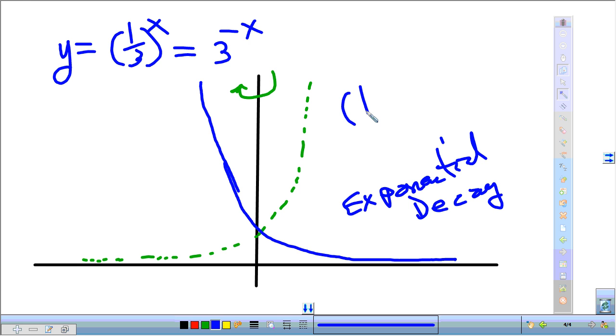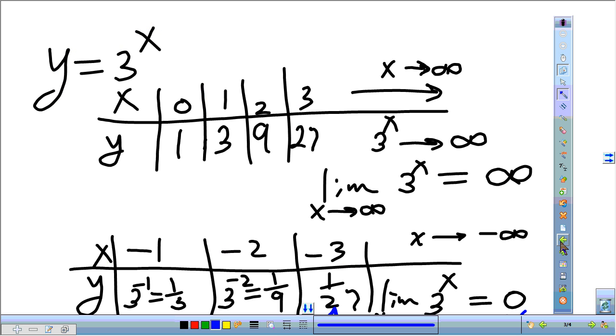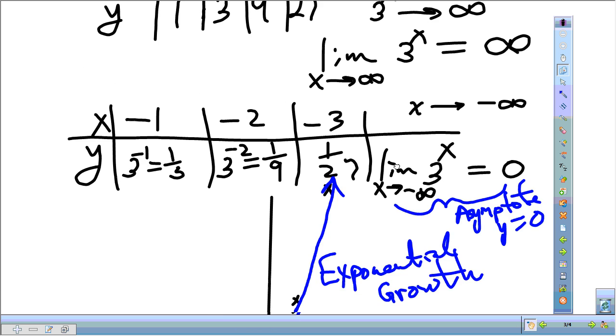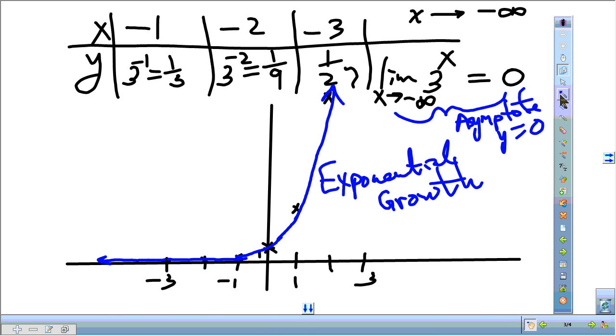So for exponential decay, this base was less than 1. All bases will have to be bigger than 0 to get it defined for enough x's. And for exponential growth the base has to be bigger than 1.